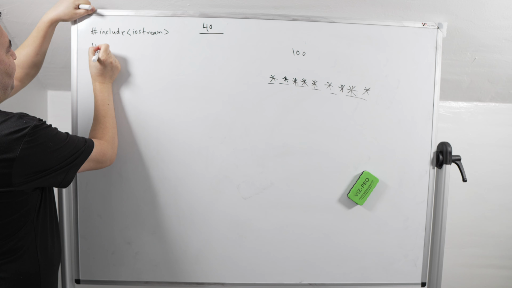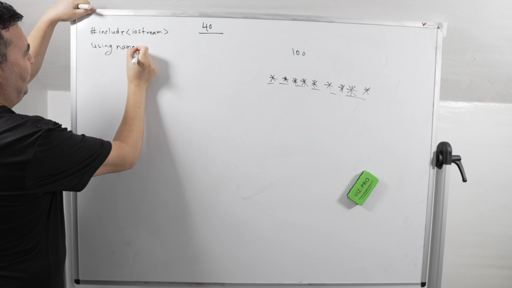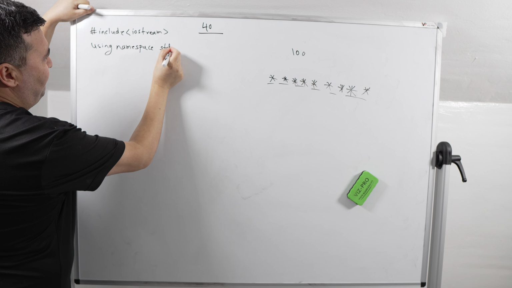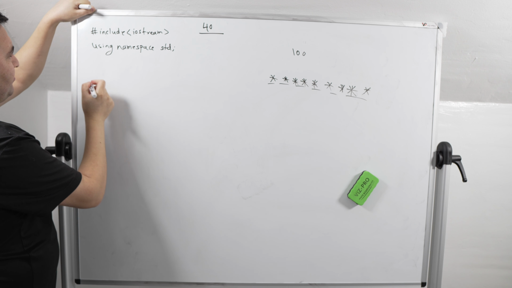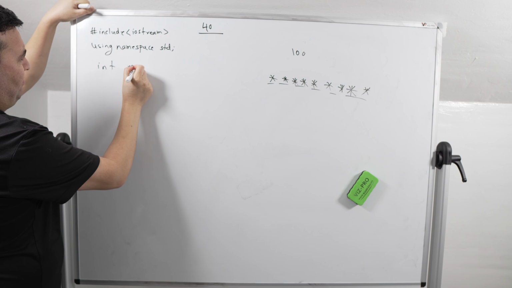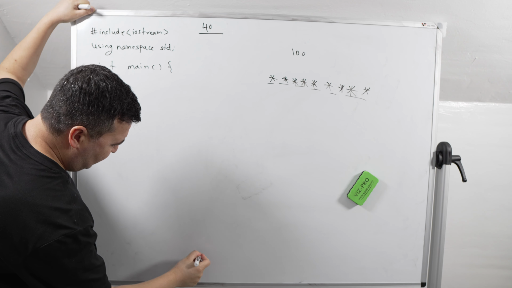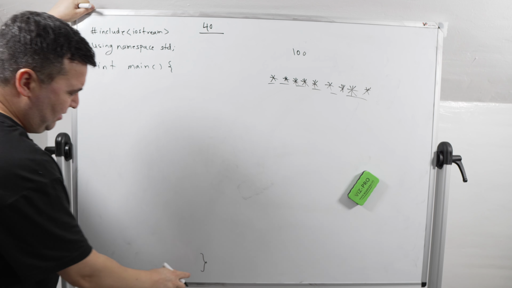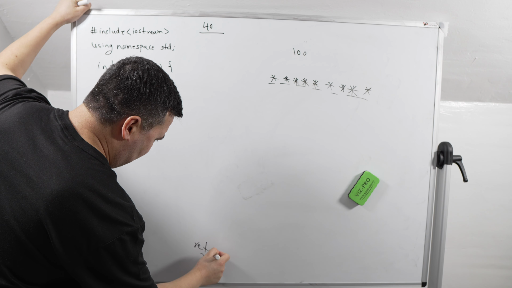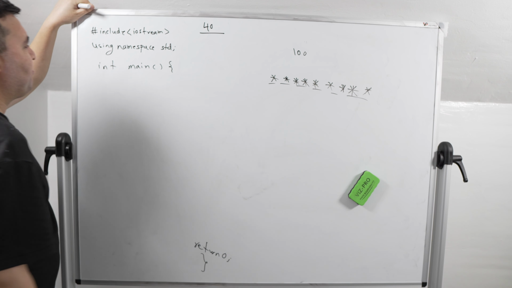Then we use the C++ standard namespace, using namespace std. And then we declare our main function, int main. I close the block of main here, and at the end we have return 0, which is the last statement in our program.